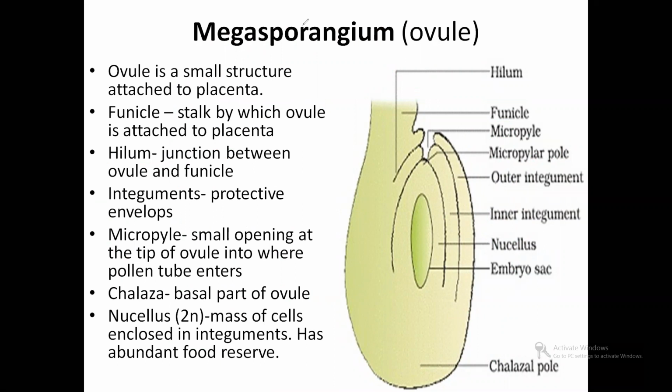We have already discussed that the arrangement of ovules inside the ovary is known as placentation. These are attached through a stalk called the funicle. This part, this stalk, is known as the funicle, and it is attached to the placenta.